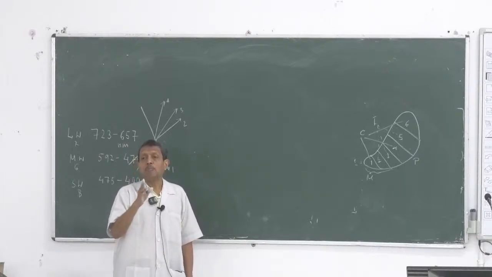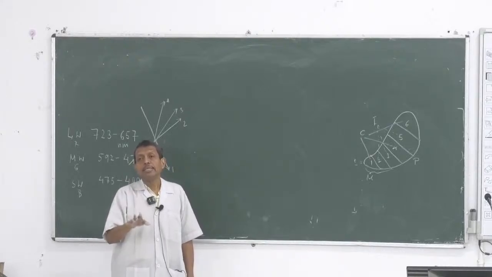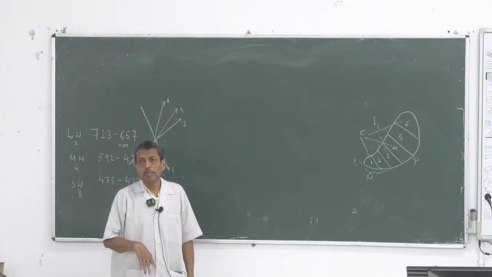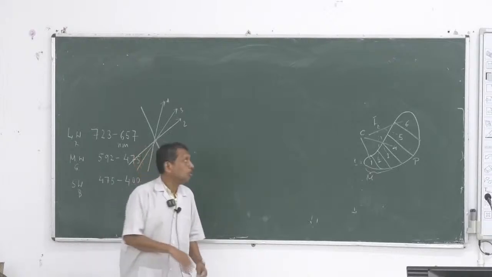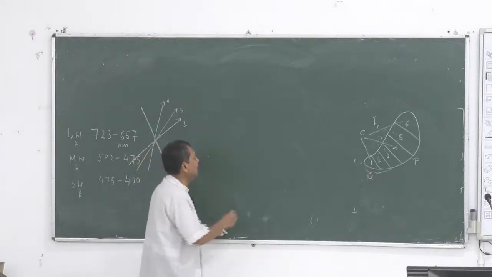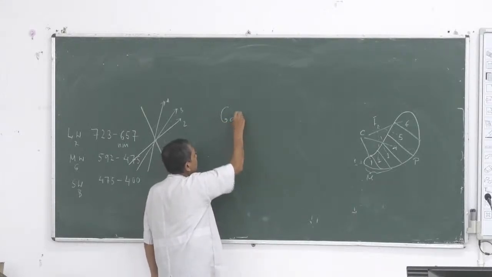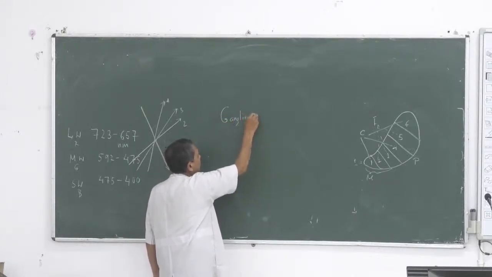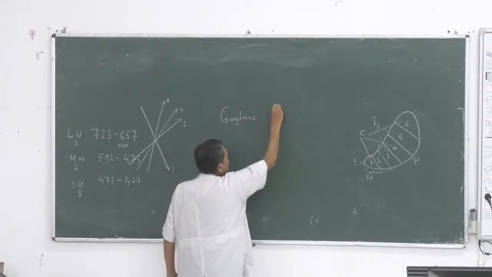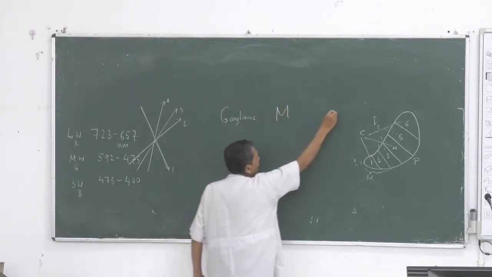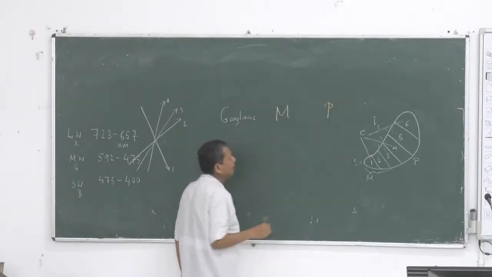The combination of different types of stimuli is responsible for different colors. So in the ganglionic cell layer, there is the M and the parvocellular layer.